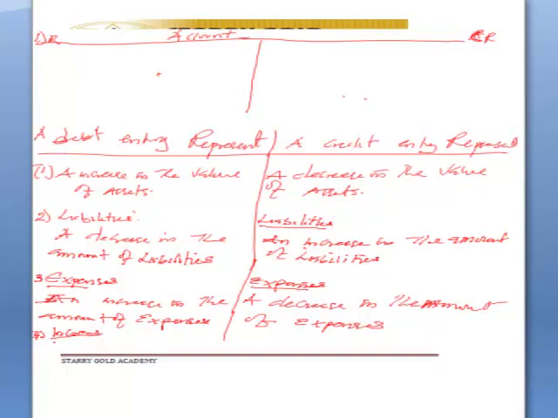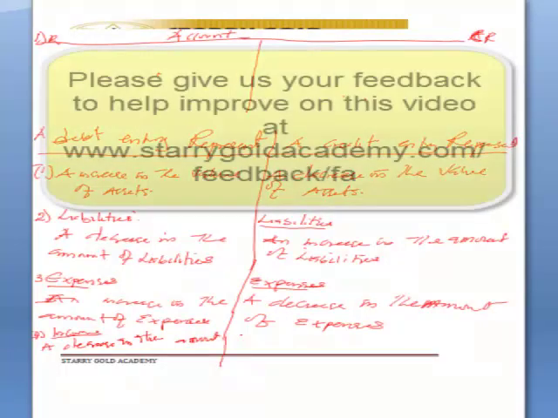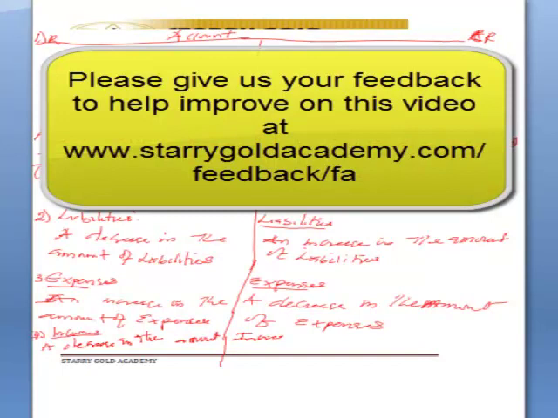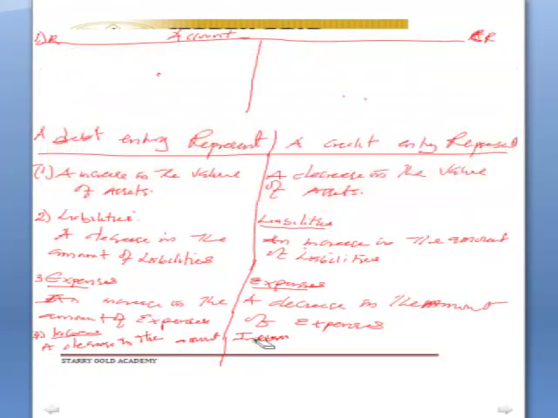A debit entry to an income account means a decrease in the amount of income, whereas a credit entry in income means an increase in the amount of income. So that is the summary of transactions on debit entry and credit entry.